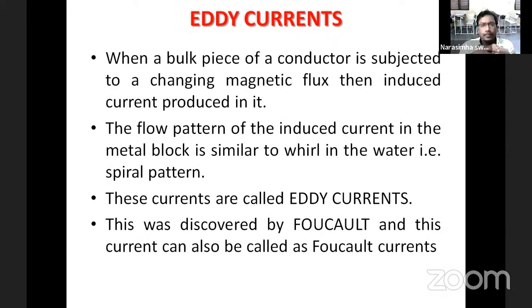So when a bulk piece of conductor is subjected to a change in magnetic field, remember, we are not using a coil here. We are using only bulk pieces of conductors, metals, with no particular shapes, subjected to an external change in magnetic flux. We know what happens when the magnetic flux is changed: inside a coil, a current will be generated.